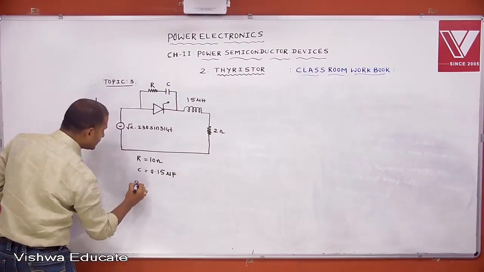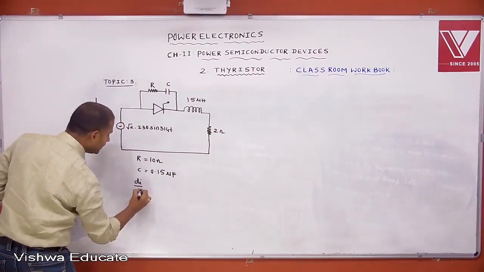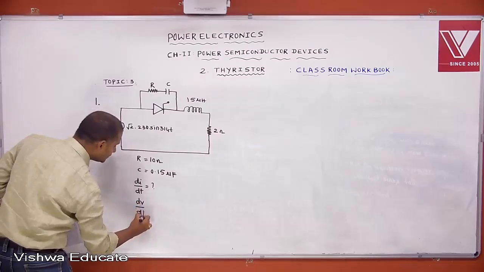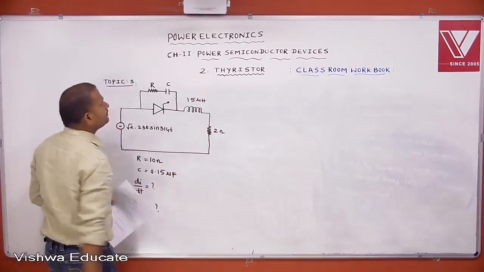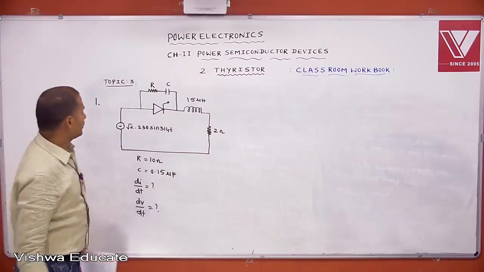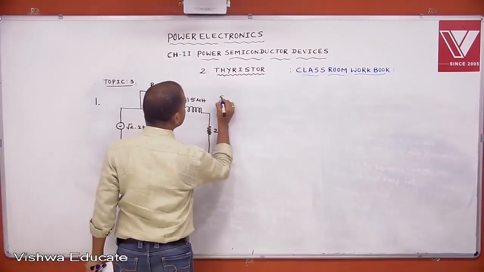Then you calculate di by dt and dv by dt. Concentrate. What is the solution for this problem, you tell me?